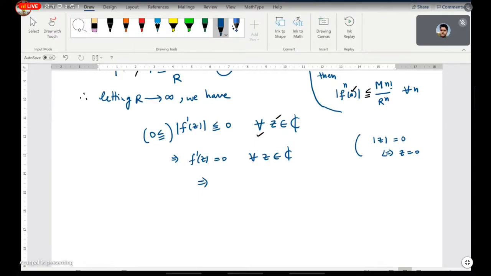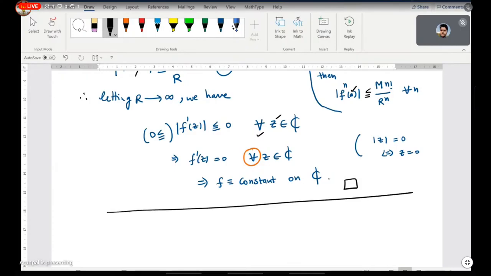And class, it means what? If it is for all z's, then it means it is constant on C. And hence done. Is this okay, class? Very nice and simple proof. Is this okay, class? Yes, sir.